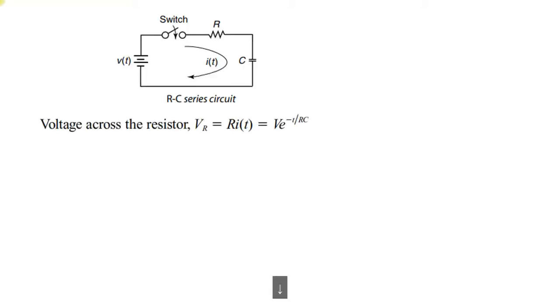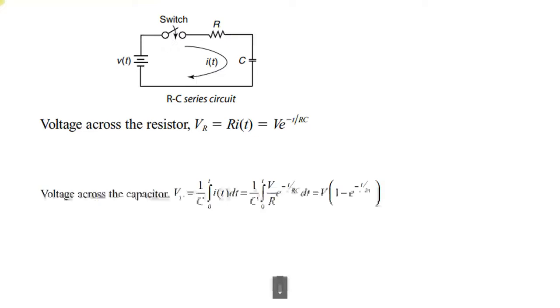Therefore the voltage across the capacitor equals 1 by C integral of I of t into dt. Now substitute the value of I of t in the corresponding equation and solve. It looks like this: V equals 1 minus e power minus t divided by RC. So the voltage across the capacitor looks like this. This is my V of t.